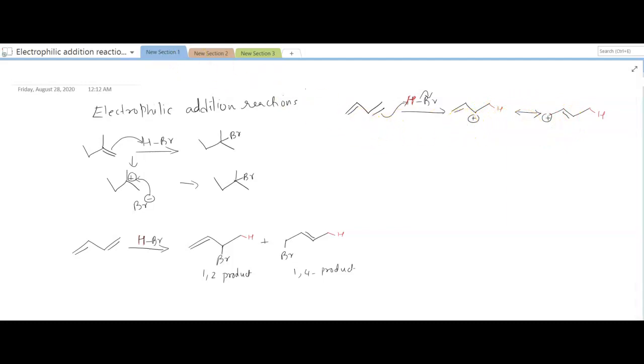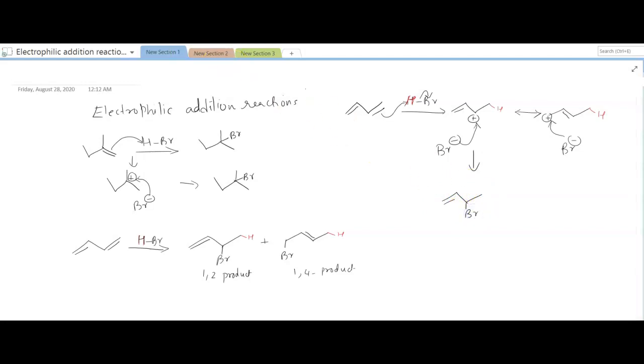Now the next step is where the Br attaches itself to the carbon atom bearing the positive charge. So we have Br attacking here, or the Br minus can also attack at this carbon atom. If the Br minus attaches itself to this carbon atom, that's when you get the 1,2 product.